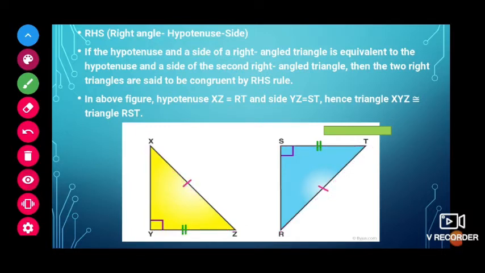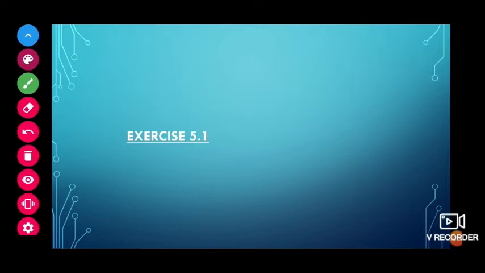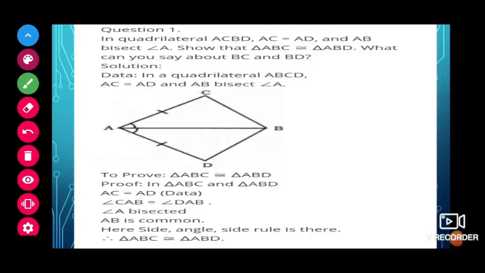Okay, now exercise 5.1. Question number 1. A quadrilateral ACBD. In this quadrilateral ACBD, AC is equal to AD and AB bisects angle A. AB bisects means it will divide this angle A into two equal parts.